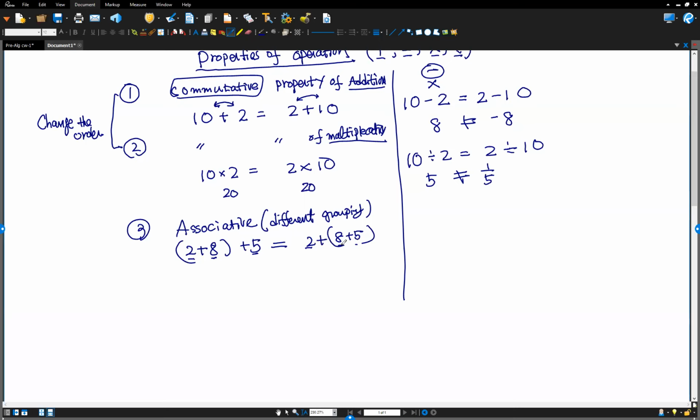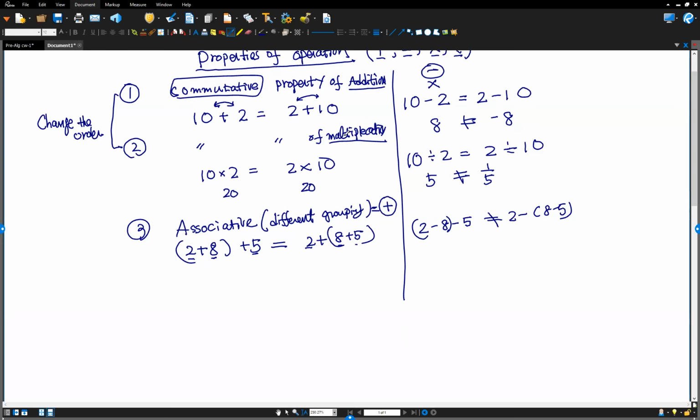What about minus? 2 minus 8 minus 5 with two different groupings: they are not equal. So associative always works on plus. On plus it is working.